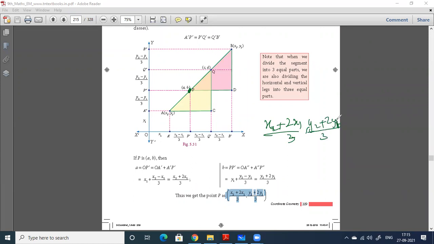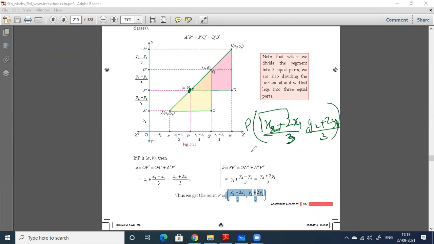Second point plus twice the first point. Assume there is 1, so 1 plus 2 is equal to 3. Like that you have to take it. In the top one, and in the bottom one, because trisection, tri means 3, so the bottom will be 3. This is point P.